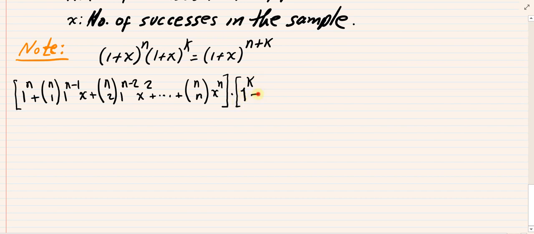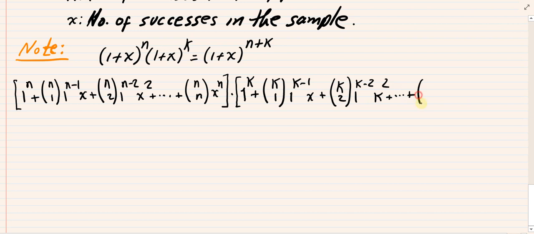So that's just 1 to the k plus, this time, k choose 1 times 1 to the k minus 1 times x, plus k choose 2 times 1 to the k minus 2 times x squared, and all the way up to the last one, which is k choose k times x to the k. So that's just the product of the two binomials.